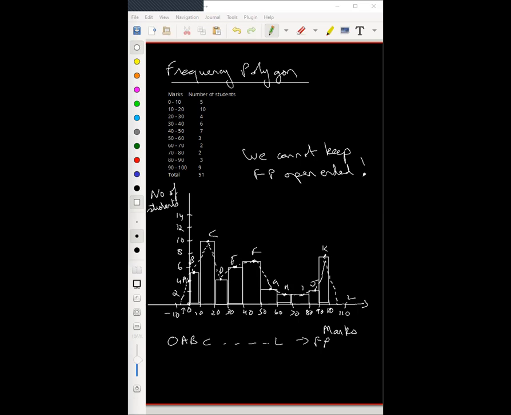Quickly copy this down. This is an example of when we are using a histogram to make a frequency polygon.